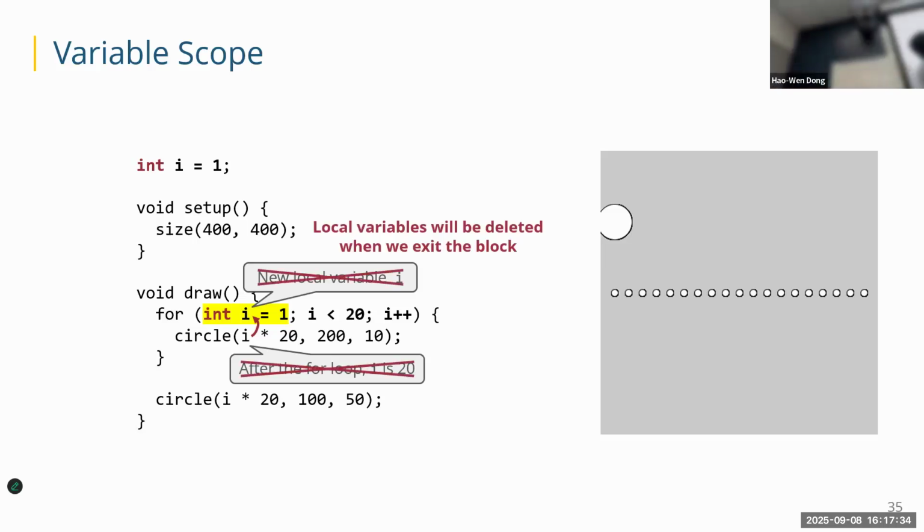So no one knows this i. This i only survived in this block. So once you are going to this point, now this local variable is gone because that block is already done. It's being destroyed. So it will refer to the closest i that you know. So that will refer to the original global i here.